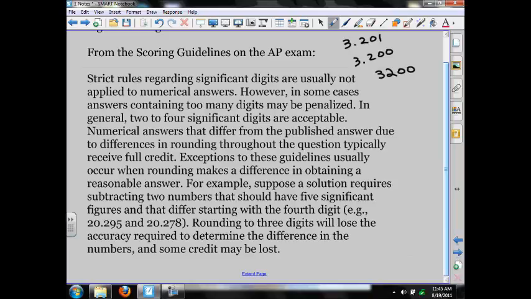Good. So if the zeros are at the end, but to the right of the decimal point, they count. If they're at the end, but to the left of the decimal point, they don't count. This you would write as 3.2 if you need 2 significant digits, right? This one, if you needed 4, you would write it as 3.200 to show that you're being precise.